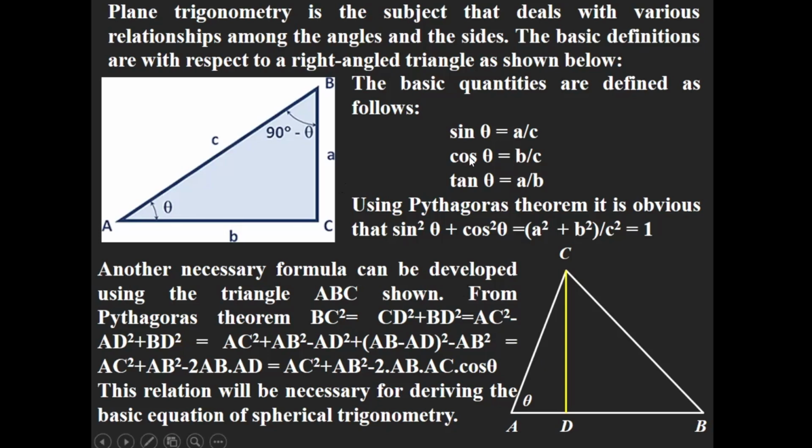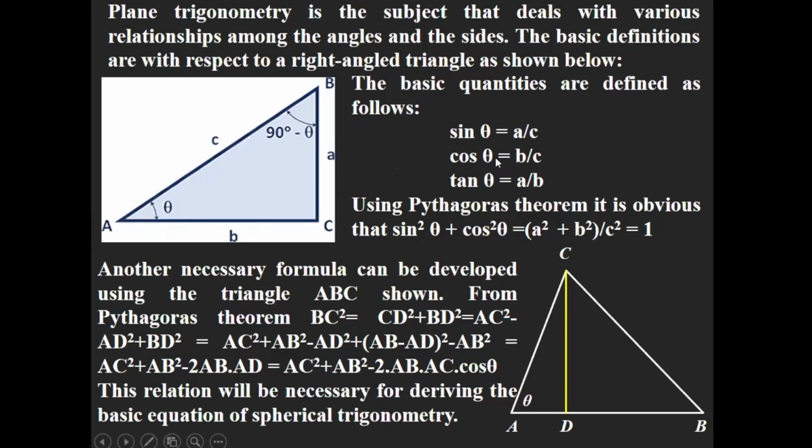So it is quite clear that since the hypotenuse is the largest side in a right angle triangle, these quantities will be smaller than 1, unless this angle becomes 0, then C will almost come here. So this a will become 0 and b will become equal to c.